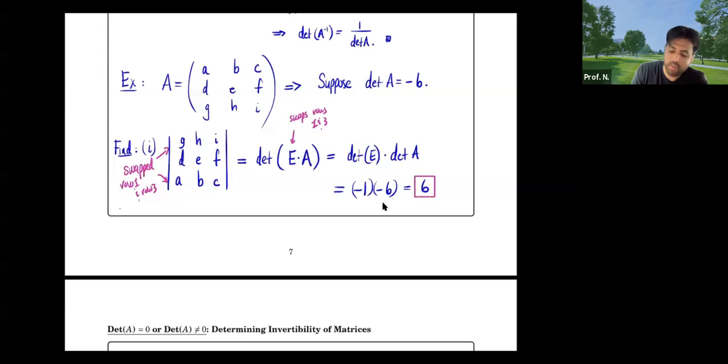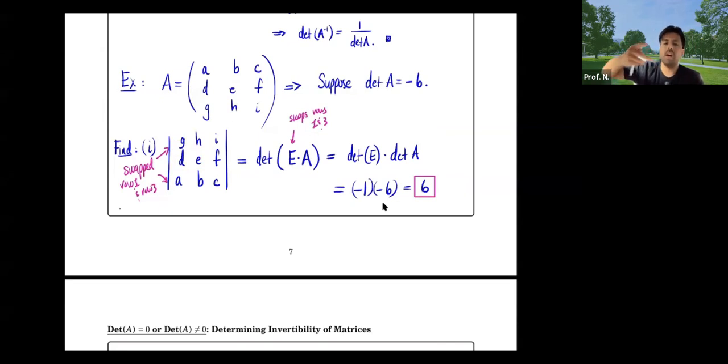So again, swapping the rows of a matrix is only going to affect the sign of the determinant. If I swap rows 1 and 3, and then I swap this matrix again with rows 2 and 3, then I'm going to multiply the determinant by -1 again, which will give me back -6.